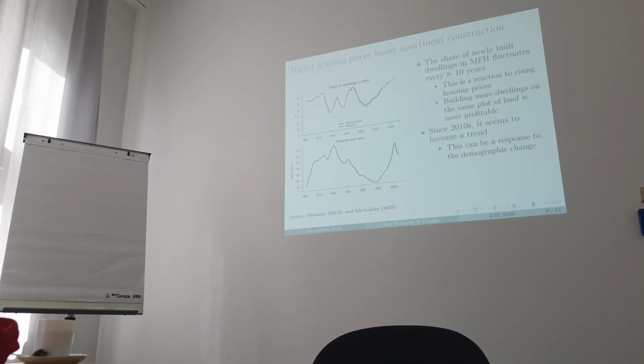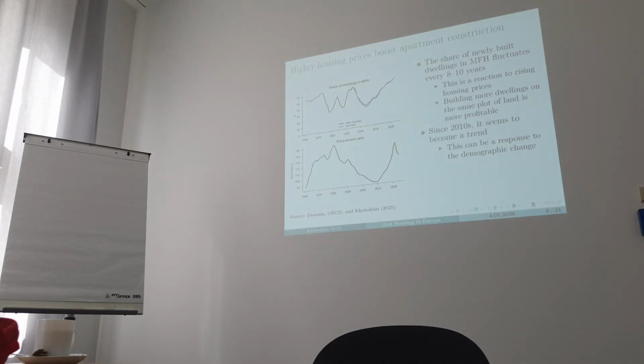This is, by the way, the share of dwellings in multifamily houses in the completions, not in the total housing stock. And you see that although the correlation is not perfect, we still can observe some relation between these two curves. So when the price-to-rent ratio goes up, the share of dwellings in multifamily houses increases.